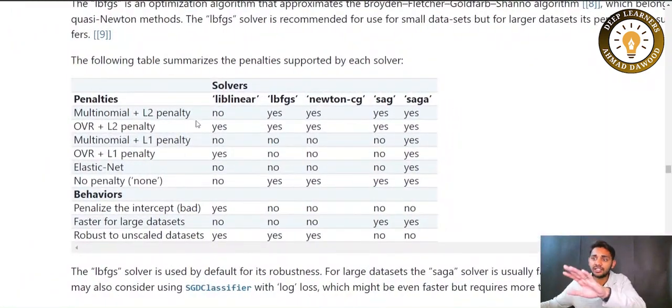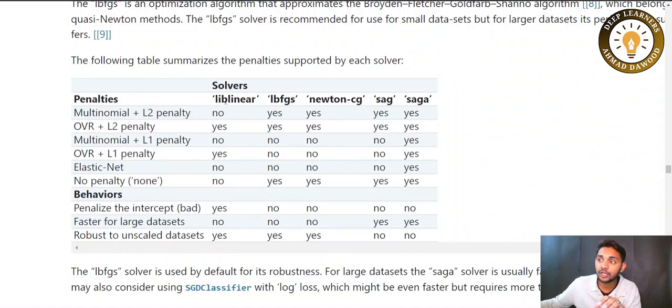Here they have mentioned all the options, with which penalty and which multi-class value you can use which solver. Let's say you have selected multi-class as multinomial, and you have selected L2 penalty, then you can use LBFGS, Newton CG, SAG, SAGA, any of the four solvers.